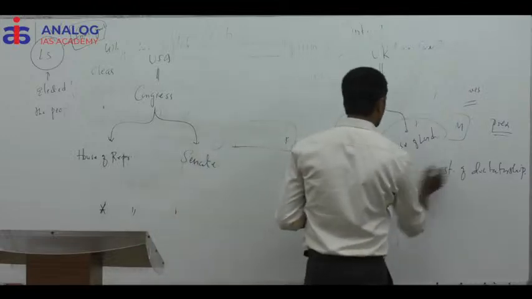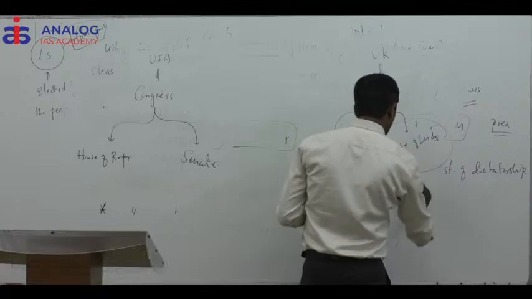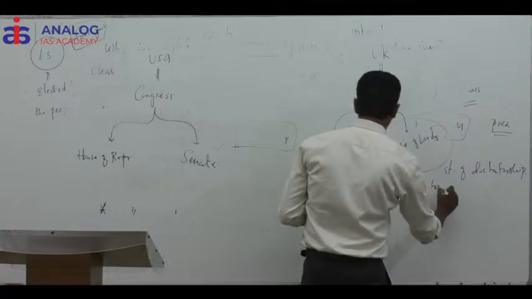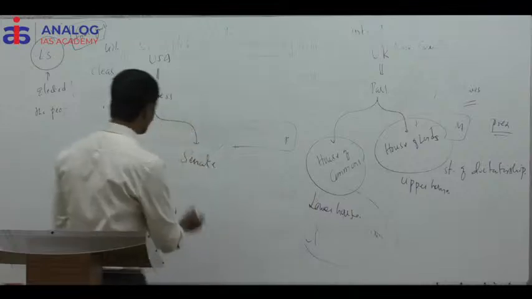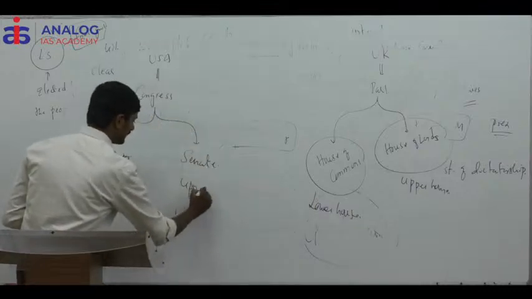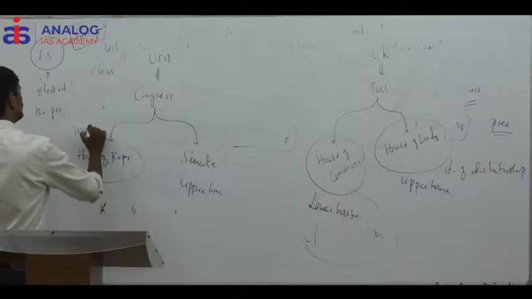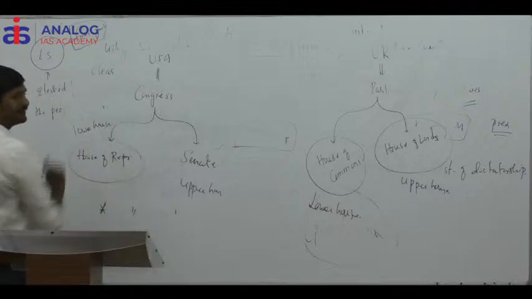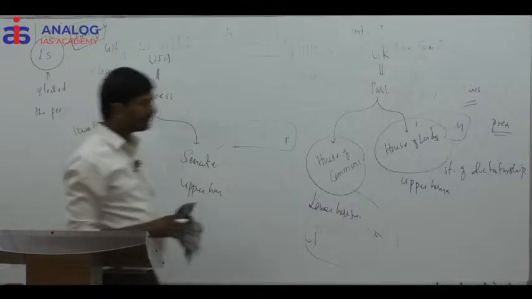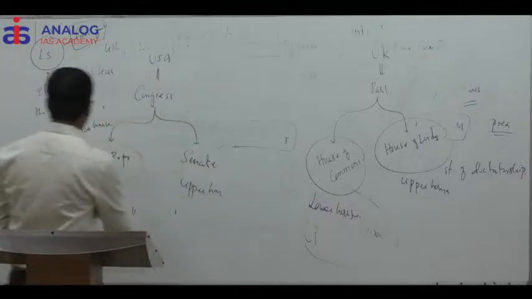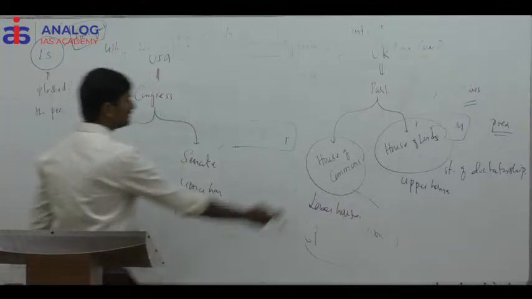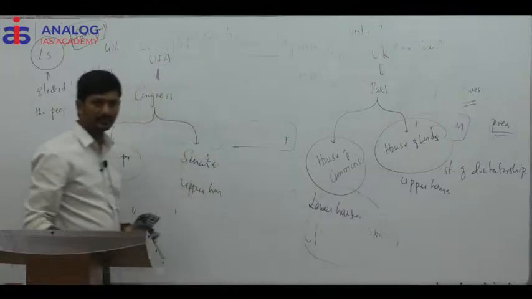What is the upper house? House of Lords is the upper house. Here upper house is Senate and lower house is House of Representatives. Got my point? It is directly elected by the people. It is also directly elected by the people.